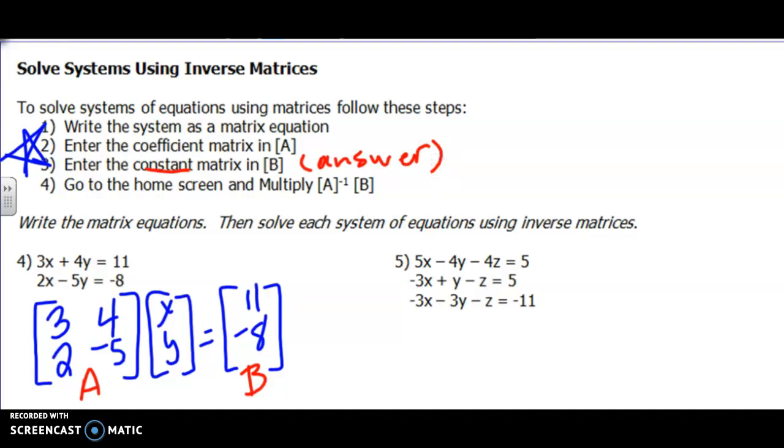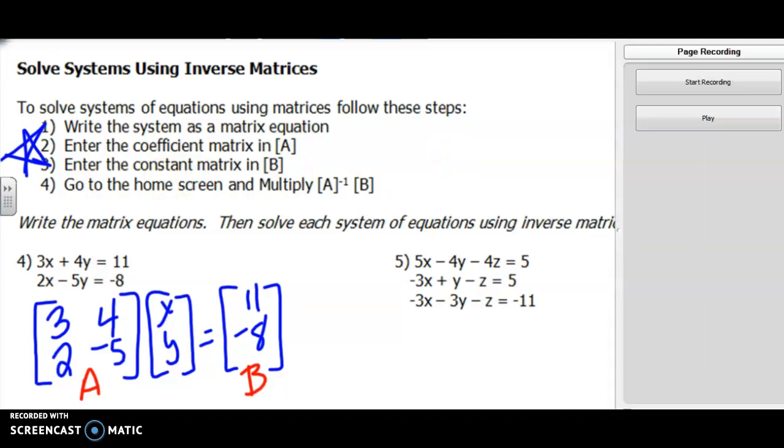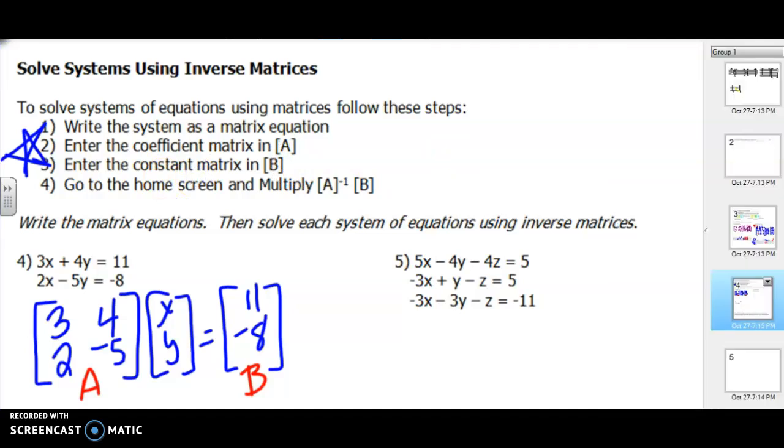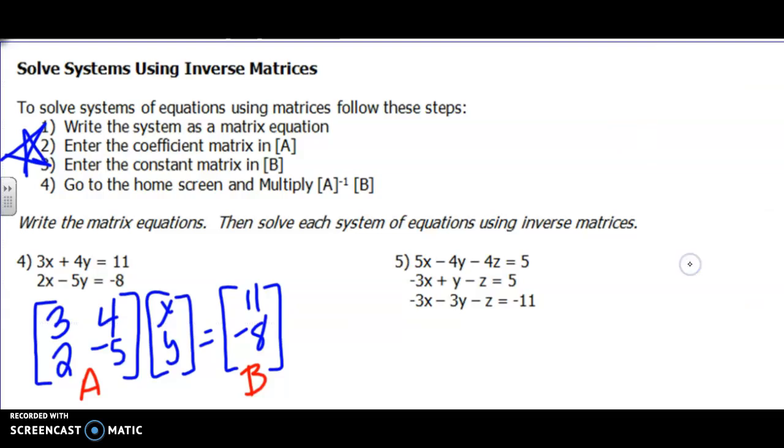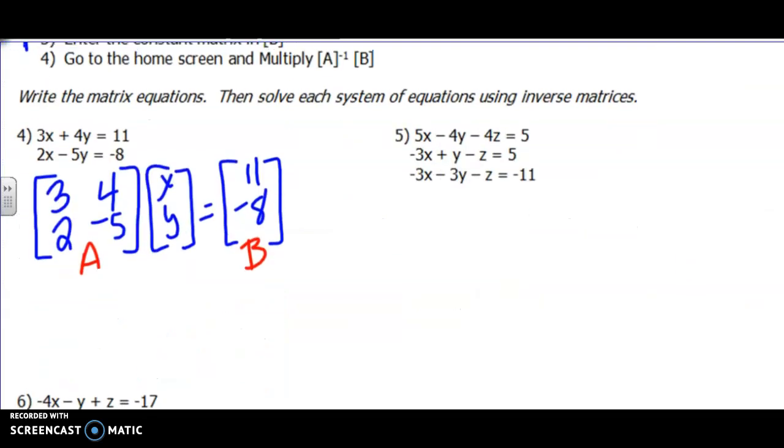I'm going to erase that, I don't like calling it the answers. The answers in this case are the values for the x and the y. So right here is what you have to do to solve it.